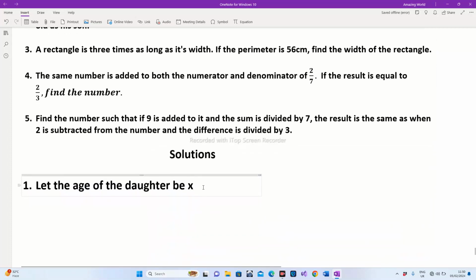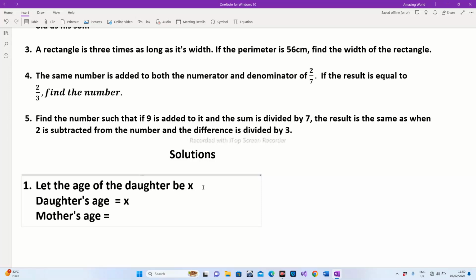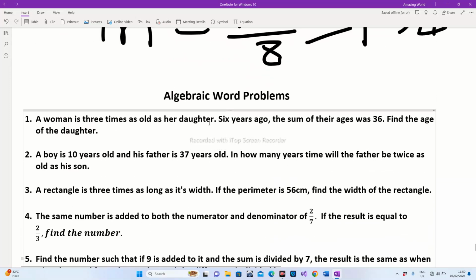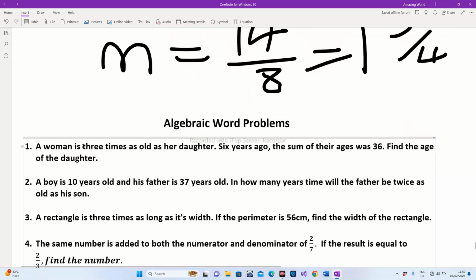So that means that if daughter's age equals x, that means the mother's age will be equals to 3 times x. That is because the mother is 3 times, or the woman is 3 times as old as her daughter.